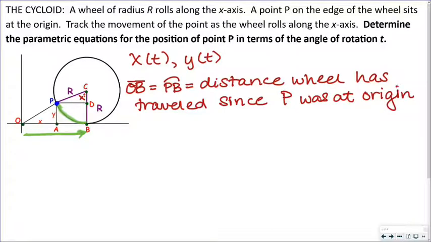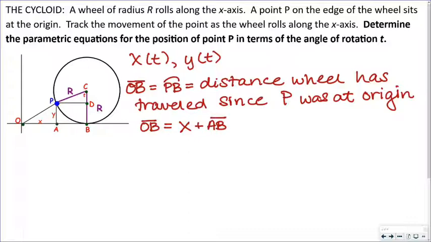Okay. Now, what do we know about these two lengths? Well, looking at my diagram and the things that I've labeled, I can see that line segment OB is equal to length X plus line segment AB.